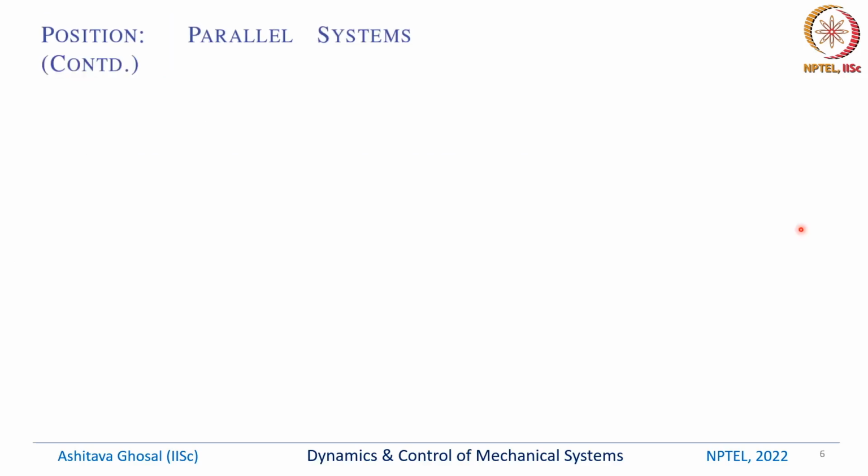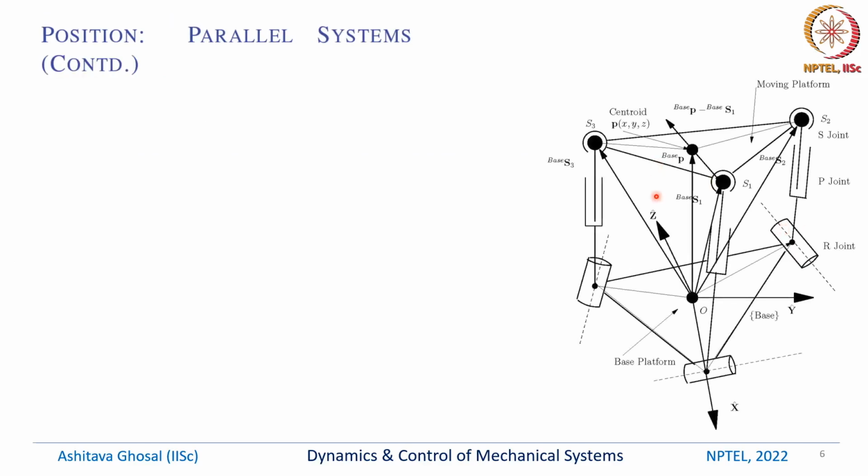So let us continue. In a parallel system, we can obtain the position of the output link. If we choose this as the output link, then we can find the centroid of this top moving platform as my position of interest of this output link. So how do I find the centroid of this top moving platform?